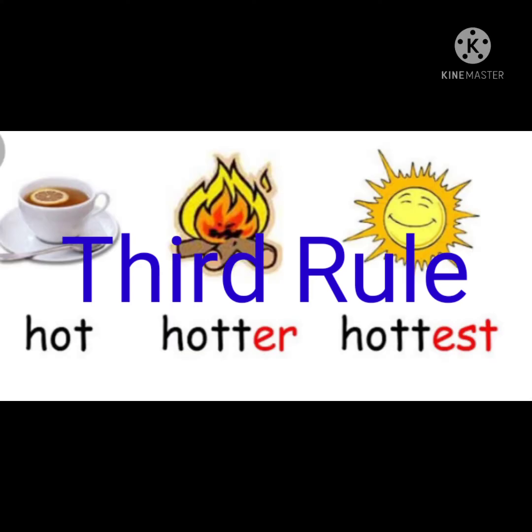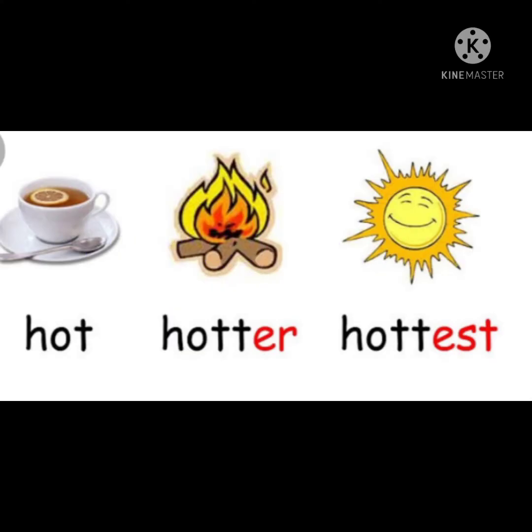Next, we are going to see the third rule. Look at these examples: hot, hotter, hottest. H is a consonant, O is a vowel, T is a consonant. So when the positive word ends with a vowel plus a consonant, you should double the ending consonant. For comparative, they wrote hotter.